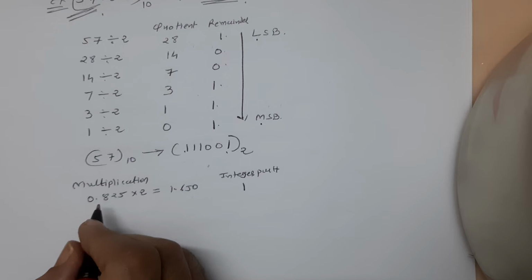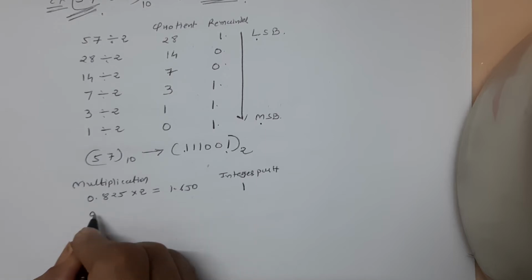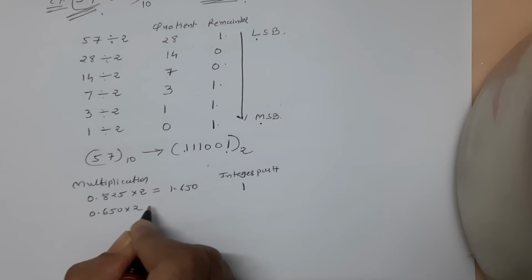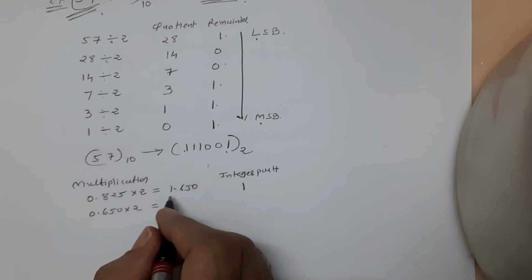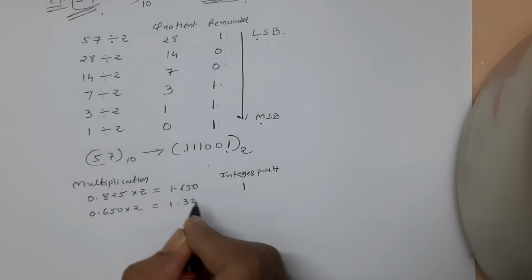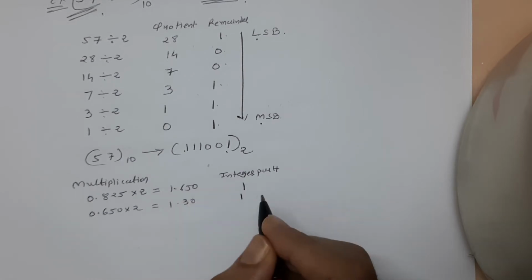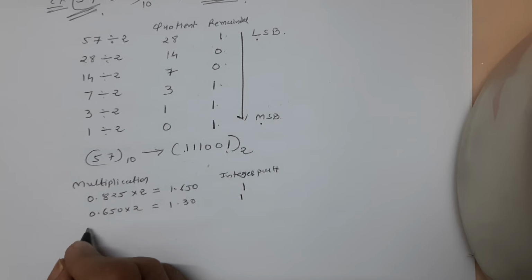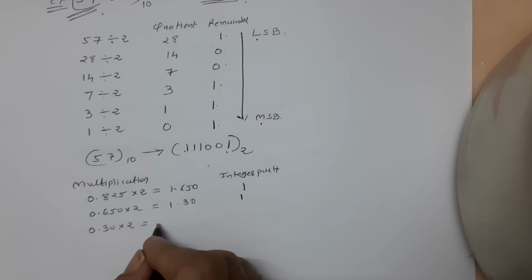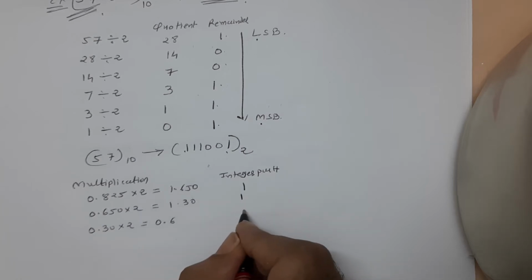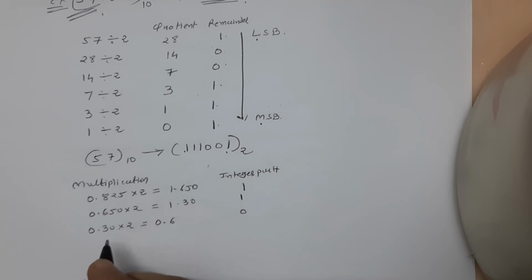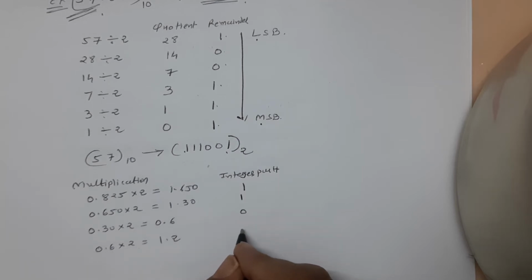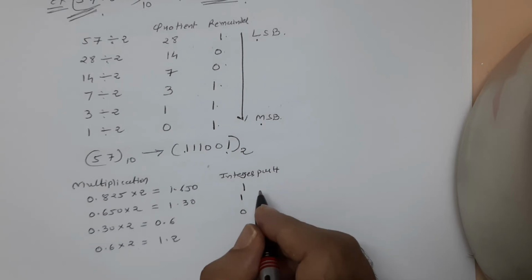Again this 0.650 into 2 is equal to 1.30. Integer part is again 1. Again 0.30 into 2 is equal to 0.6. Integer part is 0, and this 0.6 into 2 is equal to 1.2. Integer part is 1.